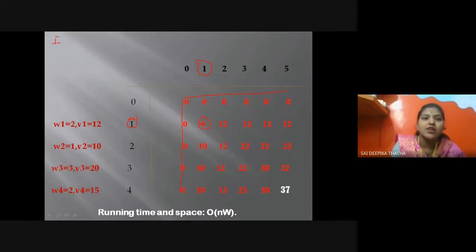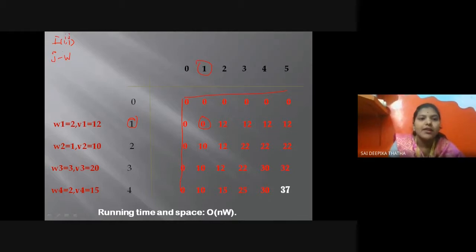Now how can I write my function? I will write my function as f of 1 comma 1. Now I will check how I will solve this problem using only j minus w, whether it is greater than or equal to 0 or less than 0. This is going to be my i and this is going to be my j.